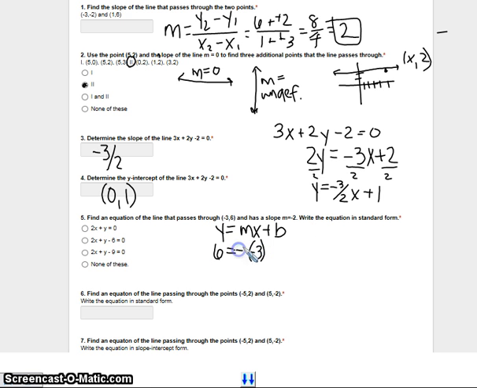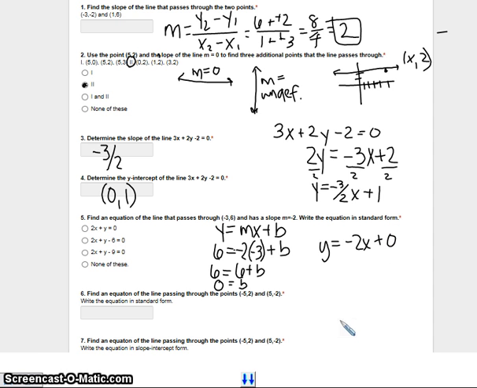I can plug my slope in for m, and then I'm finding b. I end up with 6 equals 6 plus b. Subtract my 6 over, so I'm going to have 0 equals b, which means I'm looking at y equals negative 2x plus 0.